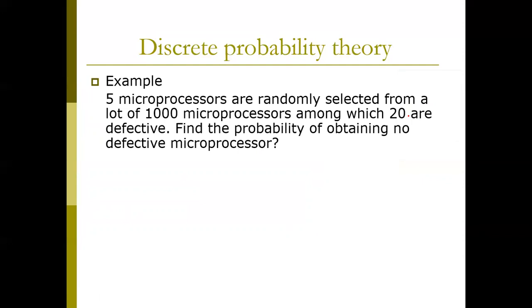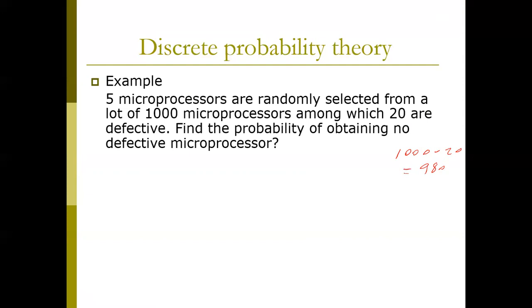That means we have a total of 980 that are not defective. So it's 1,000 minus 20, which is 980. We are asked now to work out the probability of choosing 5 microprocessors from a lot of 1,000, among which 20 of them are defective.